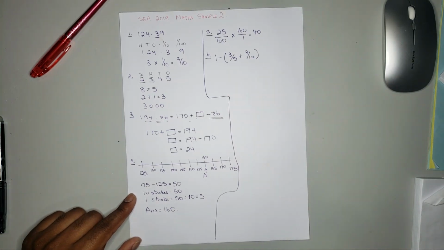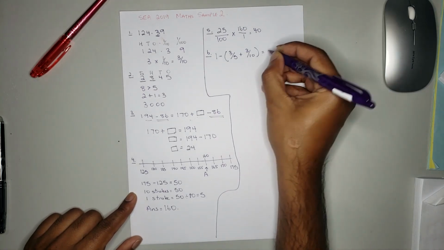And 1 take away 3/5 plus 3/10, the answer I'll get is 1/10.